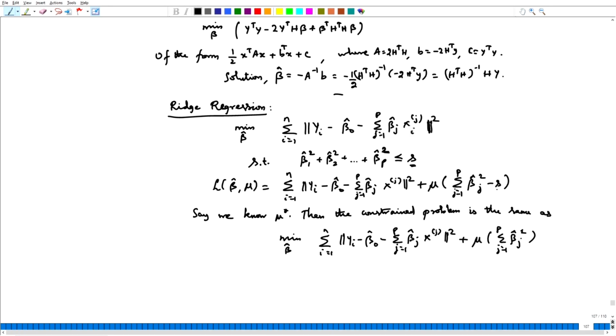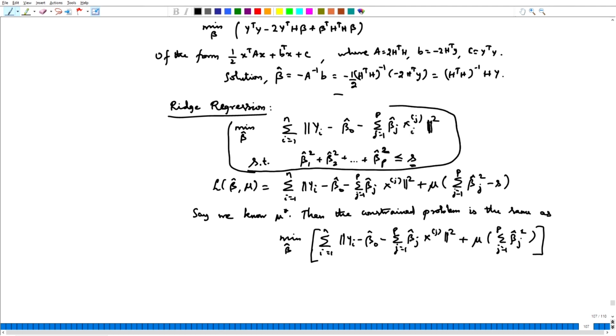Of course, I am removing this s because it does not contribute to the optimization problem.